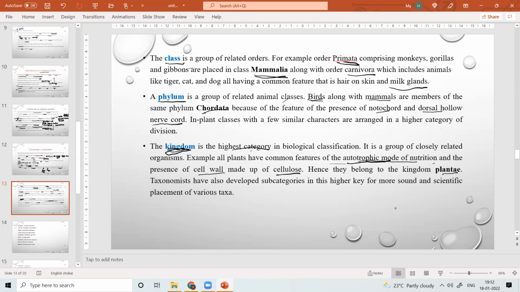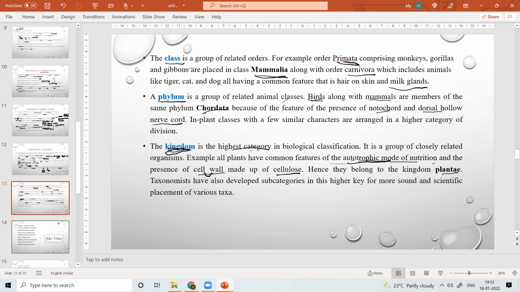All plants present on earth belong to the kingdom Plantae, which have the common features of autotrophic nutrition and a cell wall made up of cellulose. Taxonomists have also developed subcategories in this hierarchy for more sound and scientific placement of various taxa.